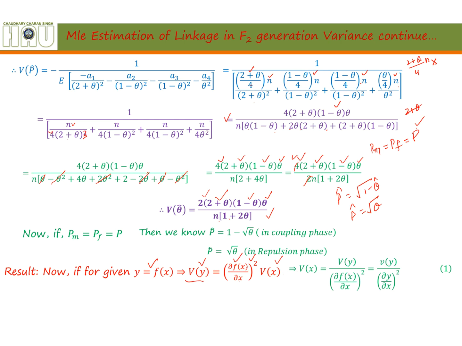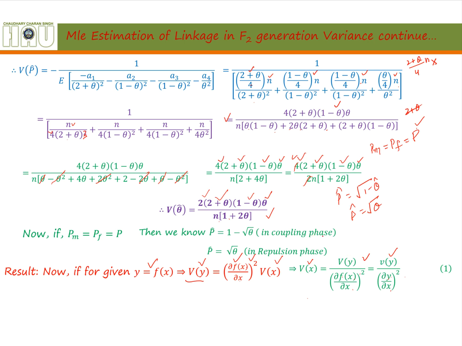So the variance of y upon this will give you the variance of x, or you can say variance of y upon (∂f/∂x) whole square, because f(x) is y. So you can arrange it like this.